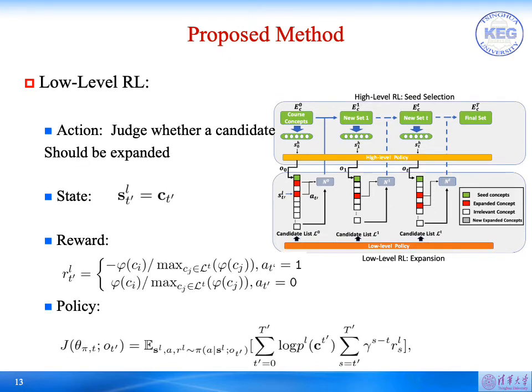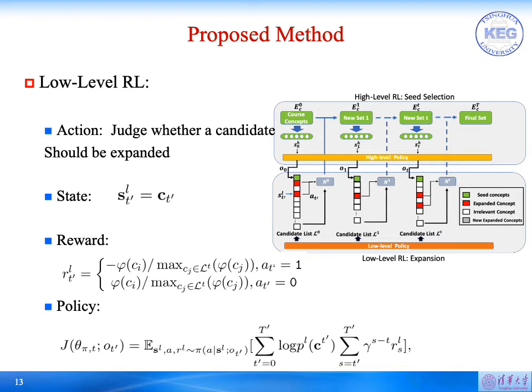For the low-level RL, we change the action to judge whether a certain candidate should be expanded. The state is given from the candidate list, the seed set encoding, and a zero vector. The reward is given from the interactive game.